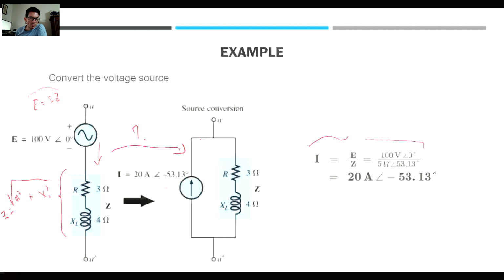So you might want to use the current instead to continue your computations. Okay, so this is just a tool for you to be able to characterize your circuit much better.